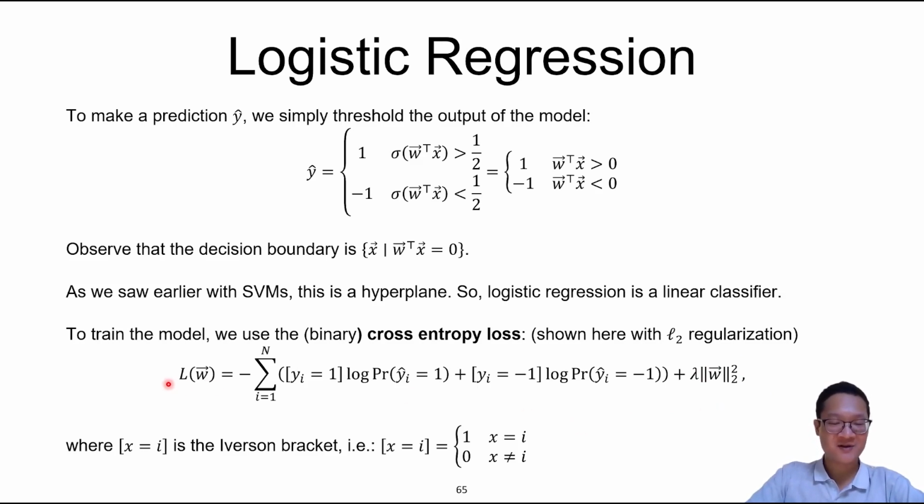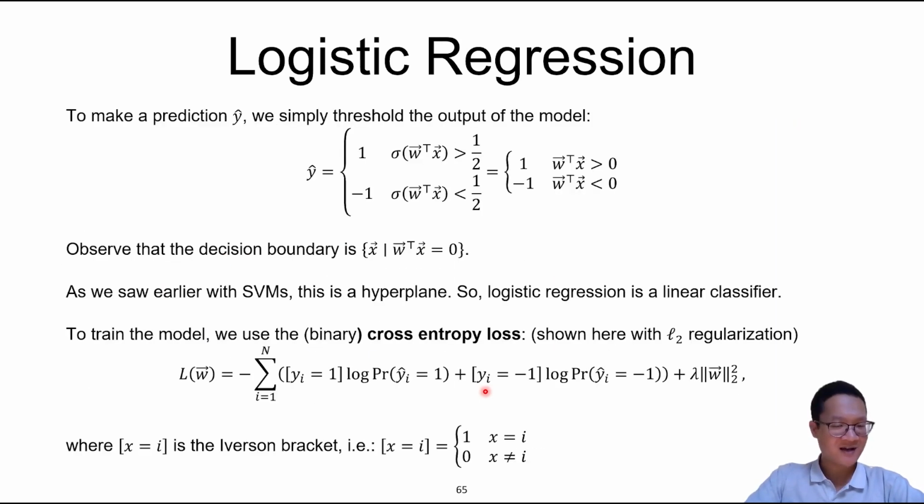This function is defined as L of w equals minus the summation over all data points of the indicator that y_i equals 1 times log of the probability that y hat i equals 1, plus the indicator that y_i equals -1 inside the Iverson bracket times log of the probability that y hat i equals -1. The Iverson bracket is just the indicator function. This quantity is equal to 1 if the inside is true, and 0 if the inside is false.